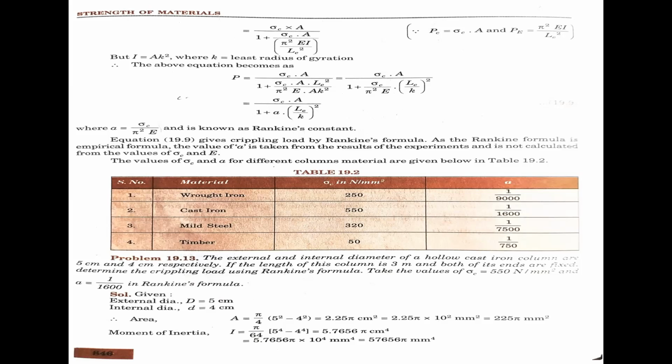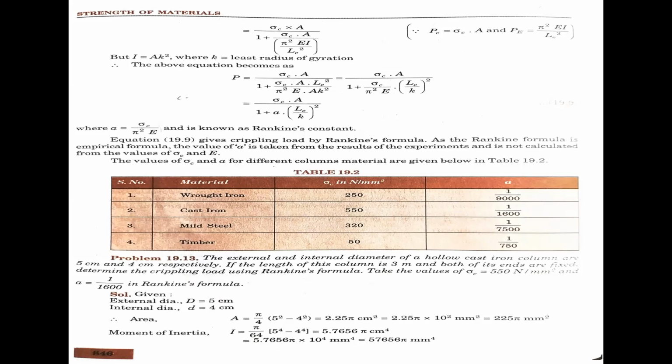Now the values of a, Rankine's constant: for wrought iron 1 by 9,000, cast iron 1 by 16,000, mild steel 1 by 7,500, timber 1 by 750.